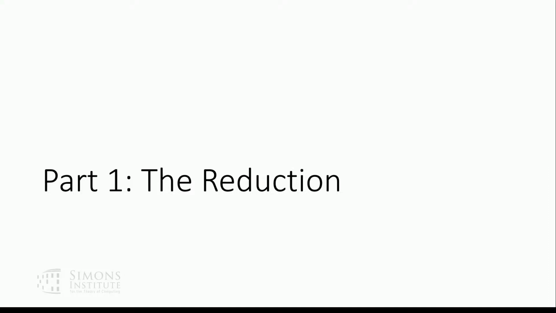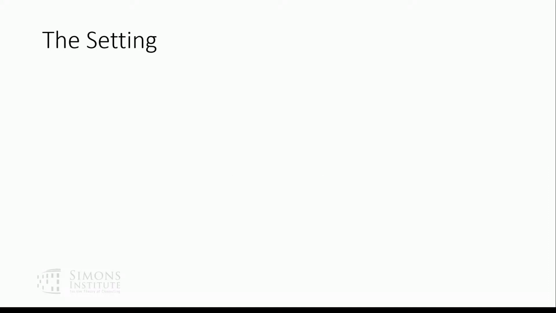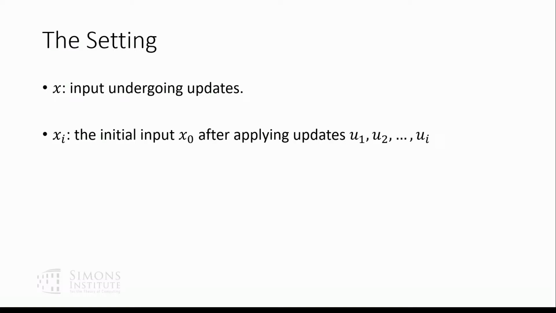So let's see the reduction. It's going to be simple, but before we go to the real reduction, let's talk about the setting and set up some notation. Let's say that X is your input that undergoes updates. We use Xi to denote the input at the ith step, the ith time. So it's just an initial input X0 after applying i many updates, U1, U2, U3 until Ui, where each Ui is an update that you give to the input.